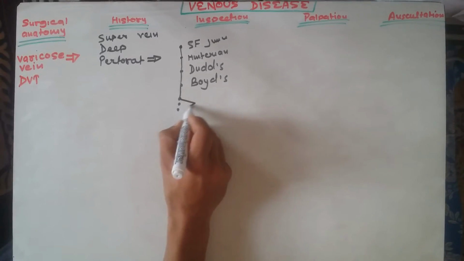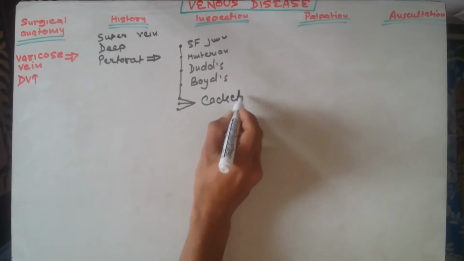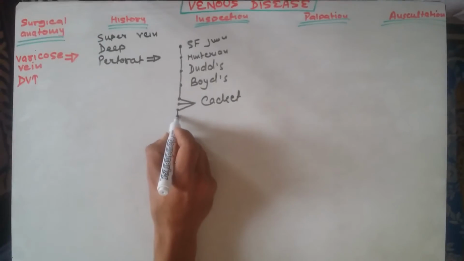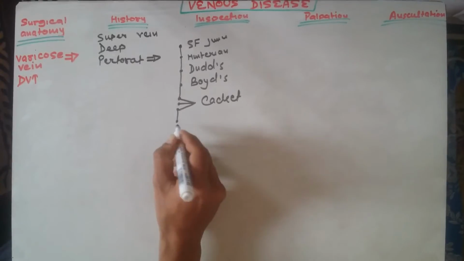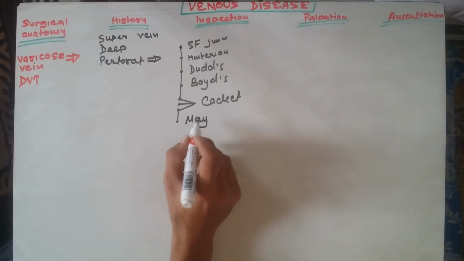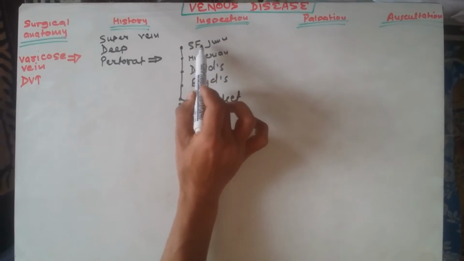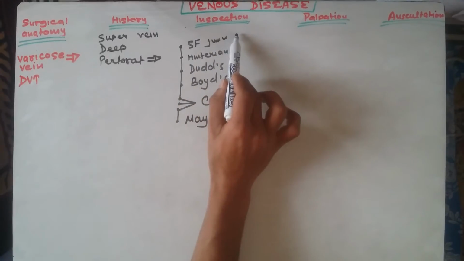Okay, so these are called Cockett perforator. And when coming to the ankle, there is one more type of perforator called May perforator.